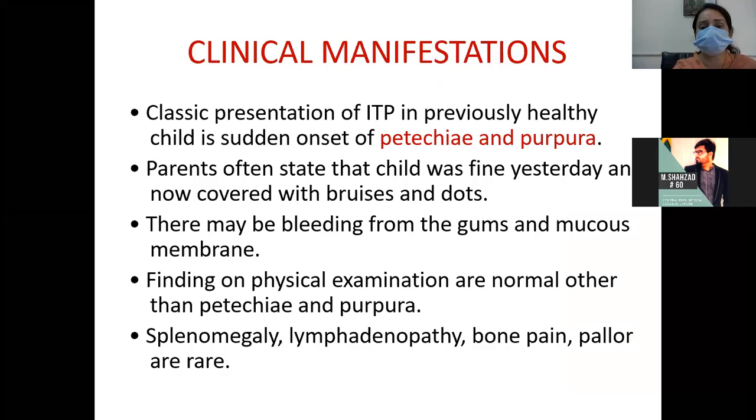Parents often state that the child was fine yesterday and now is covered with bruises and dots, and there may be bleeding from the gums and mucous membrane. Findings on physical examination are normal other than petechiae and purpura. It can also be accompanied by splenomegaly, lymphadenopathy, bone pain, and there can be pallor.